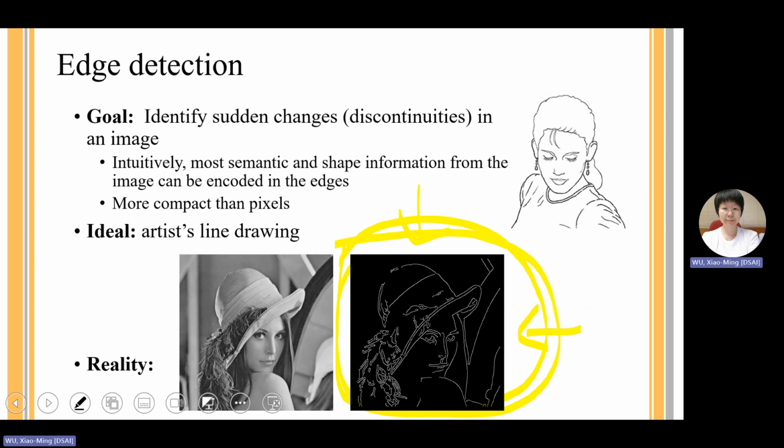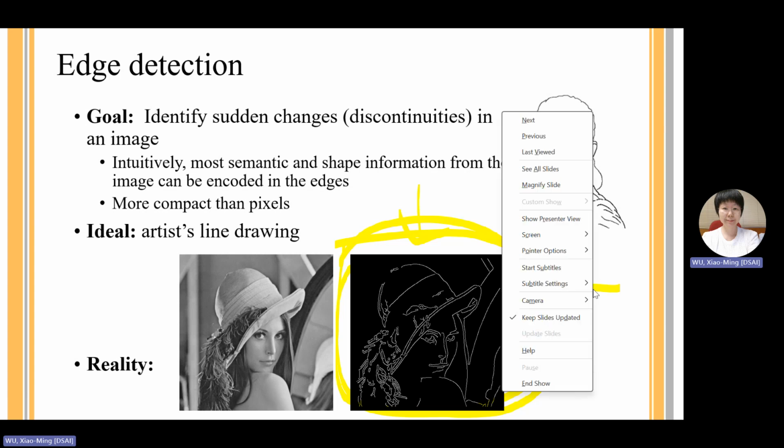That's why we want to do edge detection. We want to be able to extract edges which represent semantic and structural shape information of the image, and it will help us to understand the content of the image.